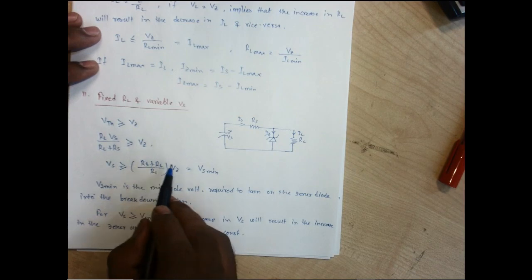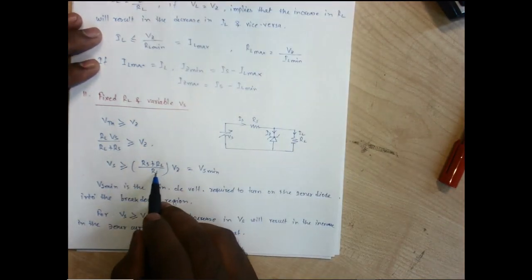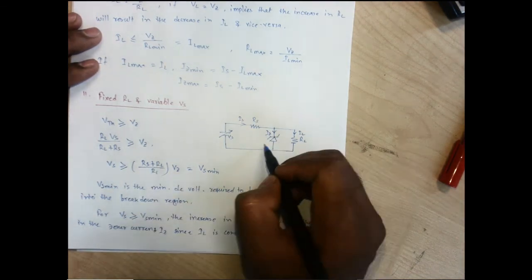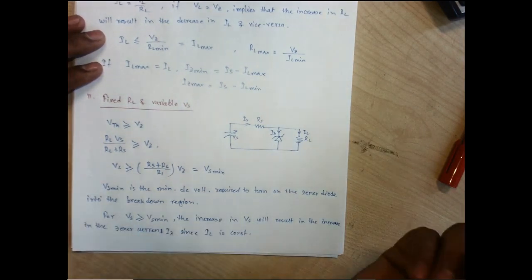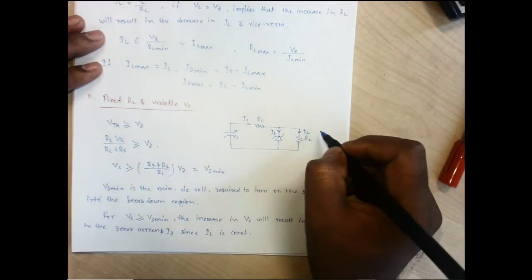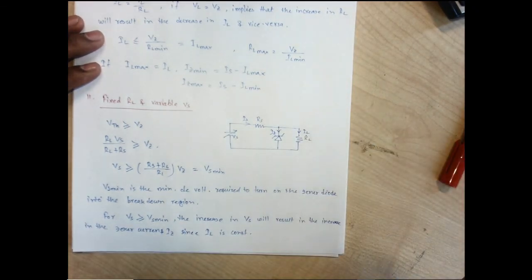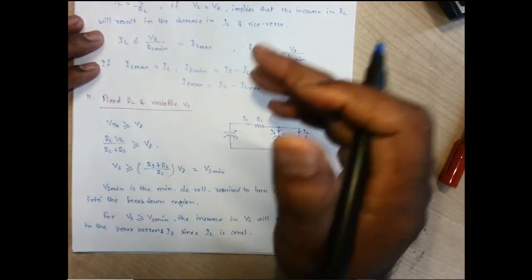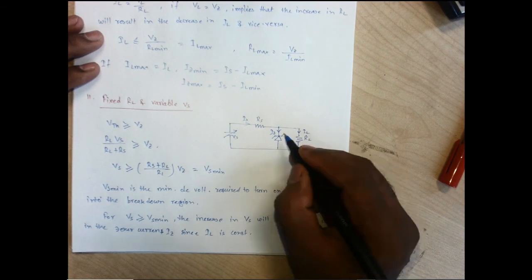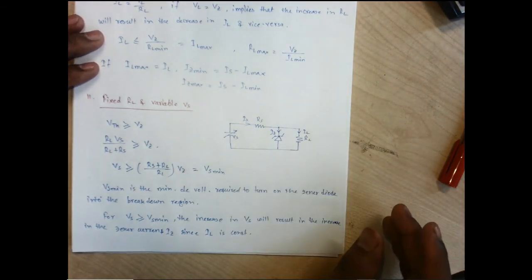If our Vs min is up to this much, then only our Zener is in the breakdown region, and with increasing Vs, Is will increase, IL is fixed, so Iz will increase. So Is max will make our Iz max, but for the previous case, when IL max was achieved, Iz min will be there, because Is was fixed. Any doubt up to this?